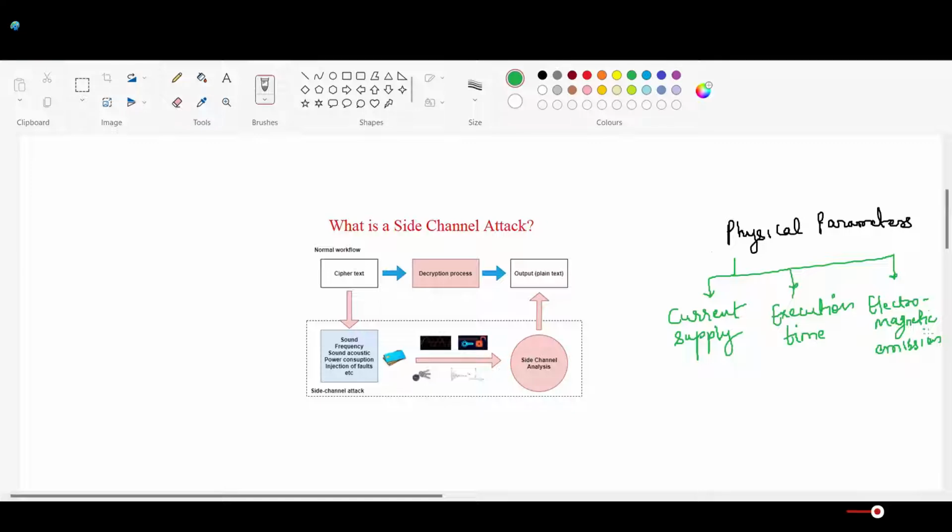Next very important question: how does a side channel attack work? Whenever an attacker is doing a side channel attack, he will not target a program or the code of that program directly.